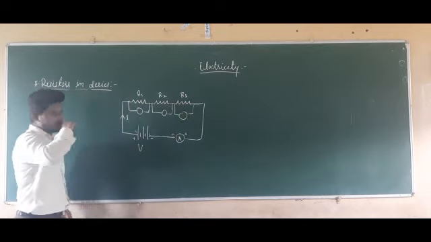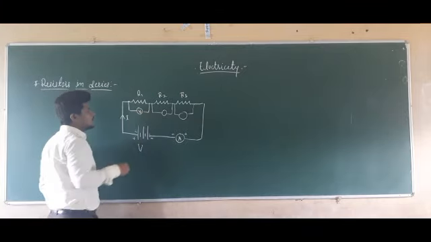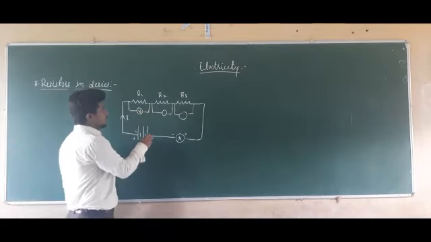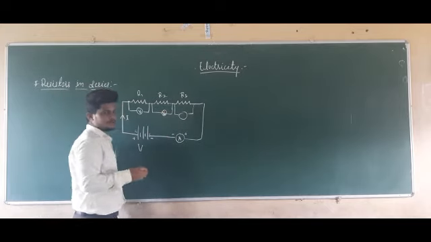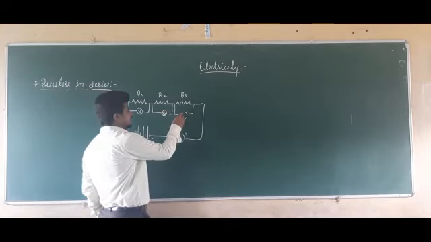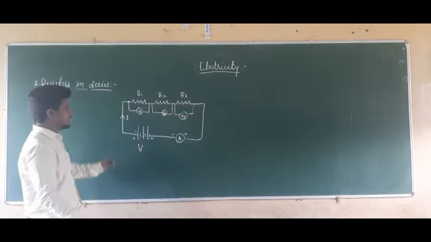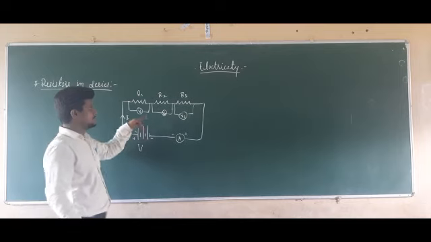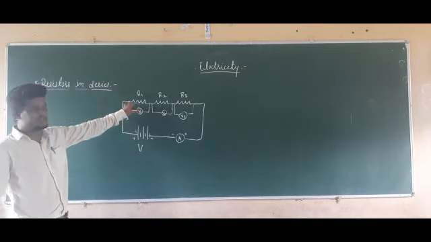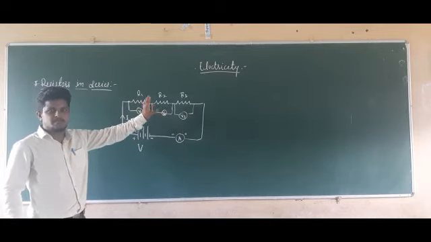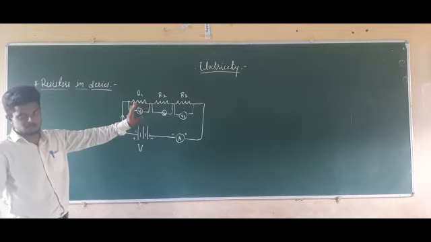The voltmeter connected to the R1 resistor shows the reading V1, the voltmeter connected to the R2 resistor shows the reading V2, and the voltmeter connected to the R3 resistor shows the reading V3. We already know that voltmeters are always connected in parallel. Since the voltage drop is occurring at each point, the voltage is different. For that reason, we are using three different voltmeters.